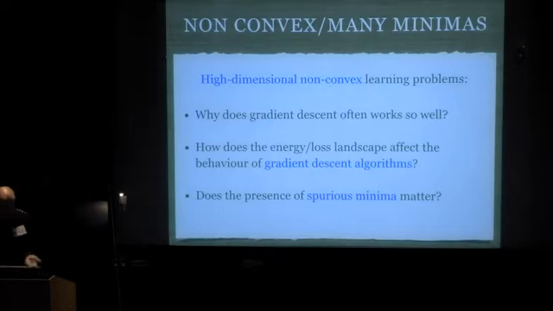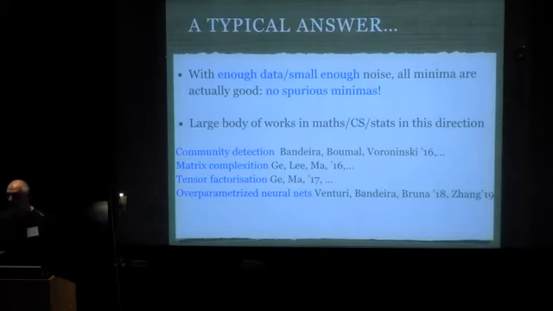It should not be, because otherwise things would not work. There are many answers to this in the literature. One answer you often find is the following: if you have enough data, or if the noise is small enough, or as a signal processing person would say, the signal-to-noise ratio is high enough, then all minima are actually good.